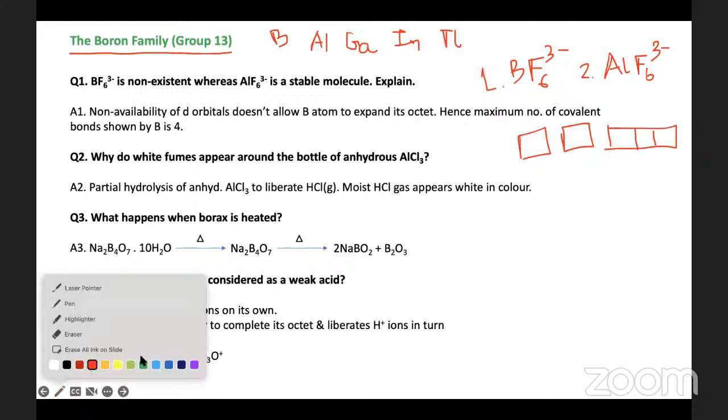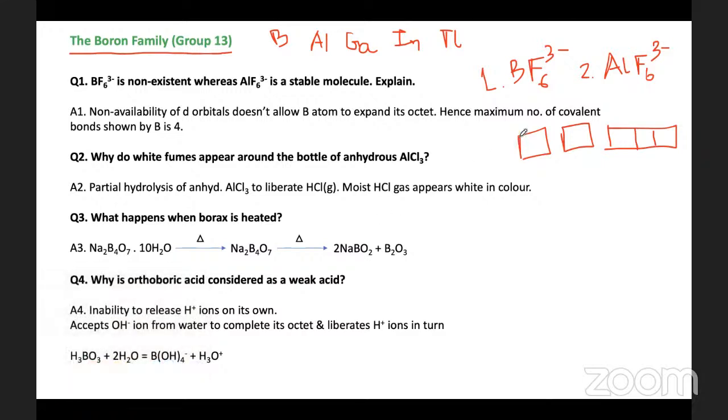So let me fill up the electrons for you. First is the 1s orbital, where there are 2 electrons. Then we have the 2s orbital, which also has 2 electrons, and this is the 2p orbital, where we have only 1 electron. So this is the electronic configuration of the boron atom.